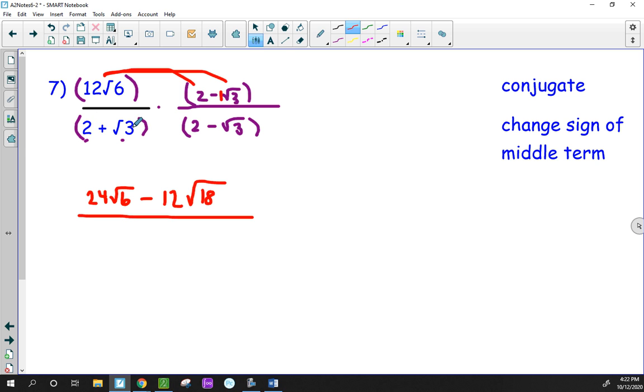Denominator, you see two terms here, two terms here. You're going to use FOIL. First, 2 times 2, bring down your answer. Outside, 2 times a negative square root of 3. It's the 2 times negative 1, which is negative 2, and drop your radical down.